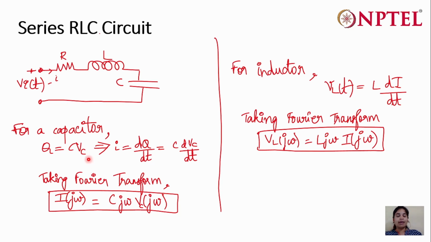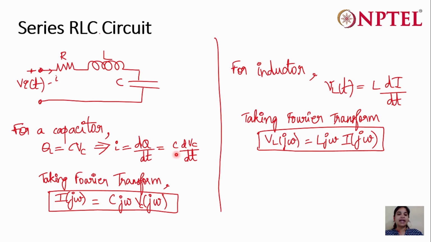Now, to write the equation for current, I is the rate of change of charge, so I is equal to dq by dt. Now, dq by dt, I can write as C into dv by dt. So, the equation for a capacitor is I is equal to C into dv by dt.